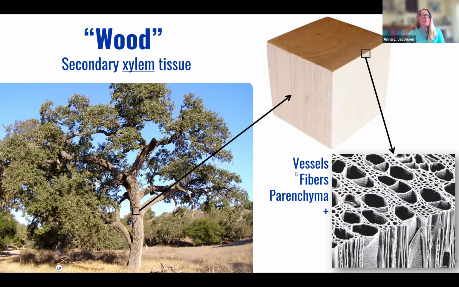The most common cell types that we see in flowering plants are vessels, which are the big pipe-like cells, fibers, which are predominantly biomechanical cells for reinforcement, and parenchyma cells, which are living cells for storage of carbohydrates and some other things in the plant. And then there's a plus there because there can be other cells that are rarer or less common across species, but those three are the three main ones.